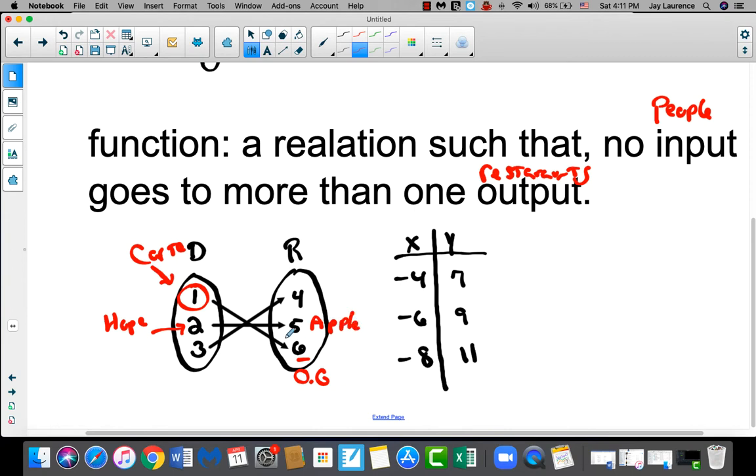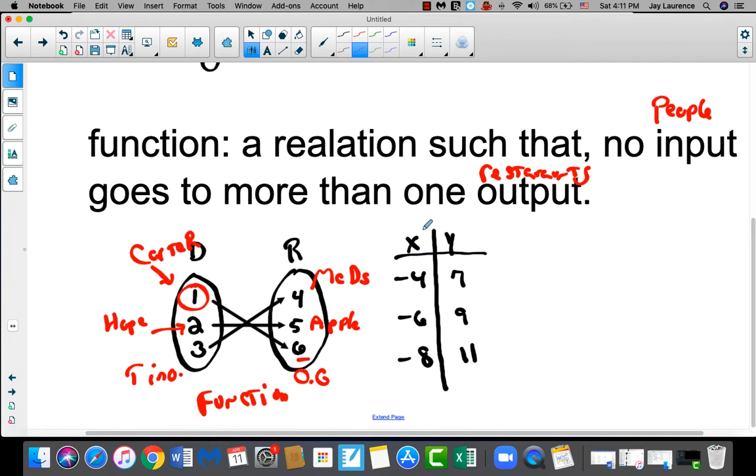And then 3 is going to be Tino, and Tino is going to Mickey D's. Okay, is this possible? Is this functional? Is it possible for Carter to go to Olive Garden at the same time Hope is going to Applebee's and Tino's going to McDonald's? Yes, this is a function. Definitely a function. Okay?